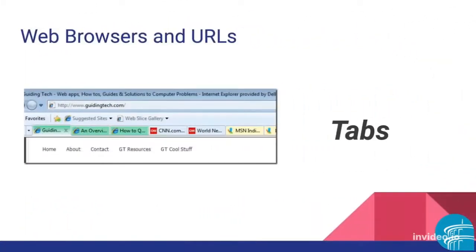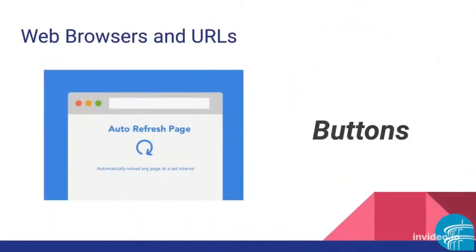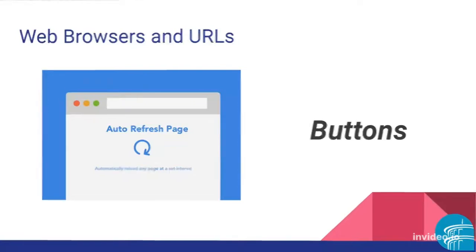Tabs are the feature that allows users to have more than one web page or website open at one time and easily move back and forth between them. Buttons are the features that allow users to access specific web browser functions, such as refresh the page, move forward or back between screens, or return to the home page for the web browser.